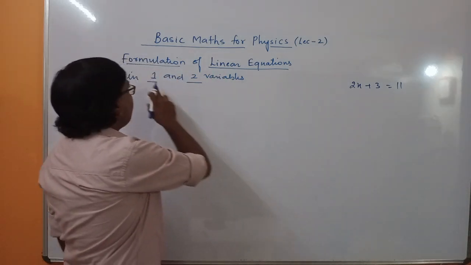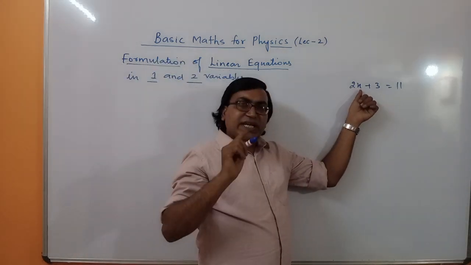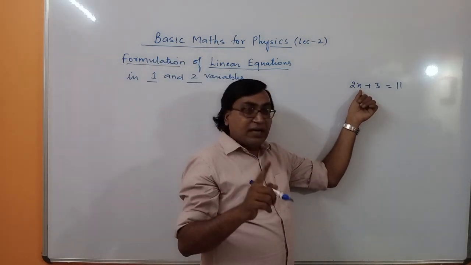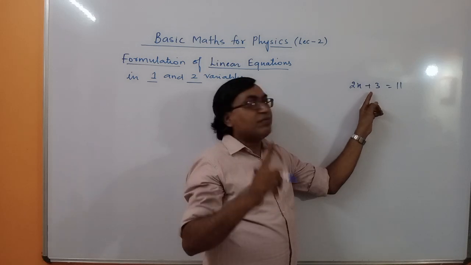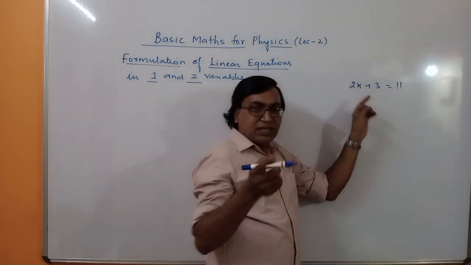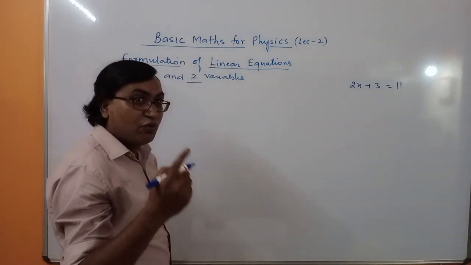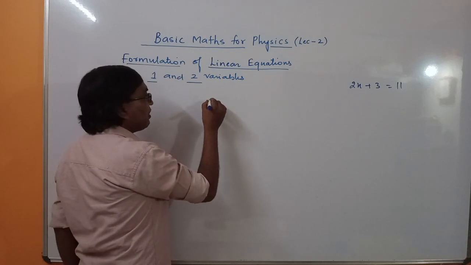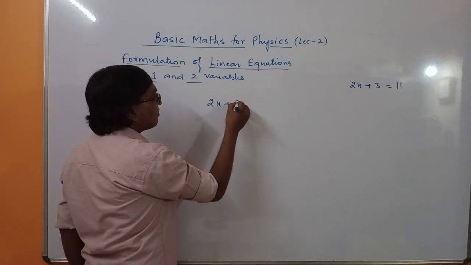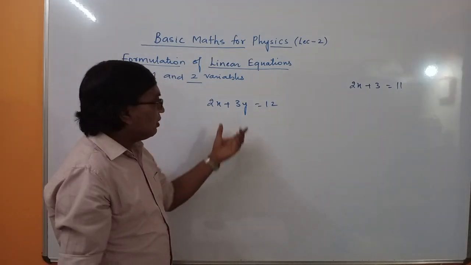A linear equation can have one variable or two variables. Here this equation is linear and it has one variable. What is the variable? x is the variable. Similarly you can have a linear equation with two variables. Suppose you have 2x plus 3y equals 12.